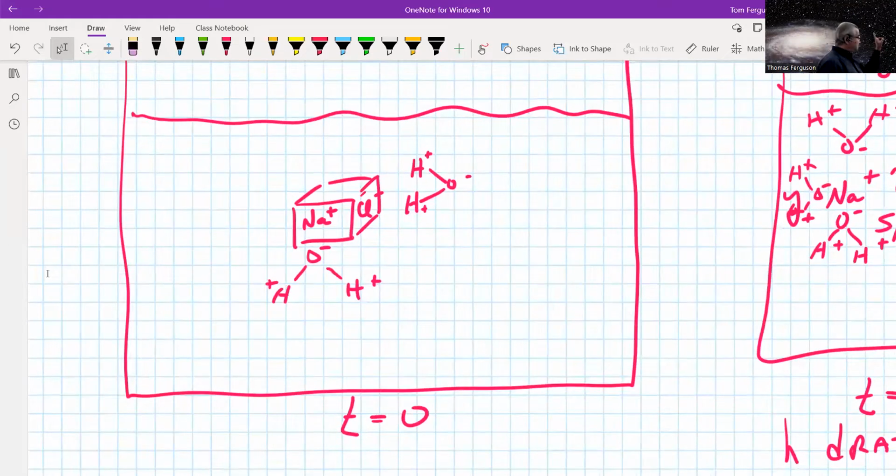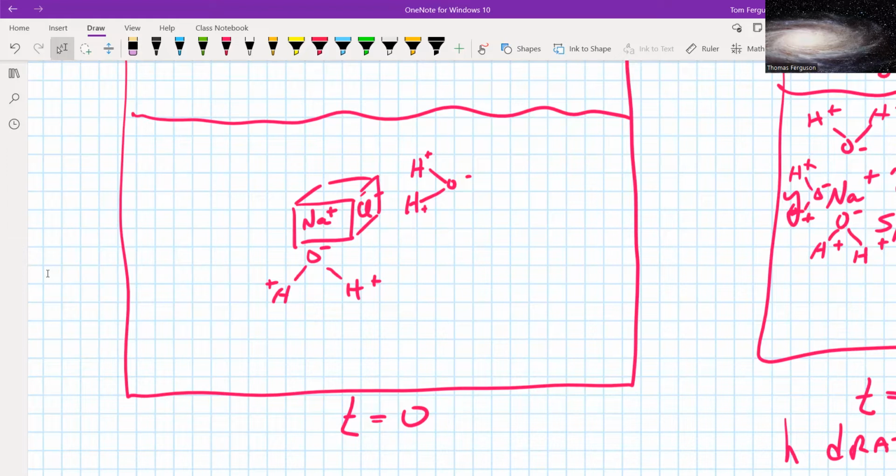So we've got a crystal of sodium chloride there, and we have water around it. Now, water is very polar as well. That means it forms dipoles that have a negative and positive area of charge. And as you know, opposites attract.